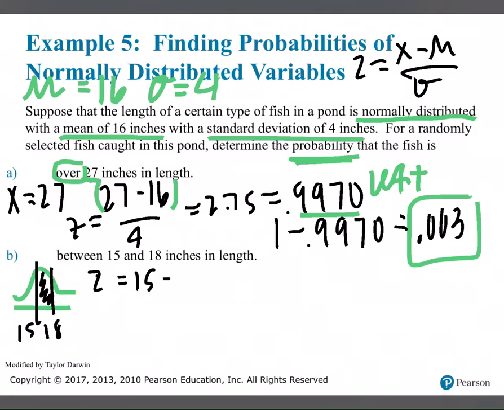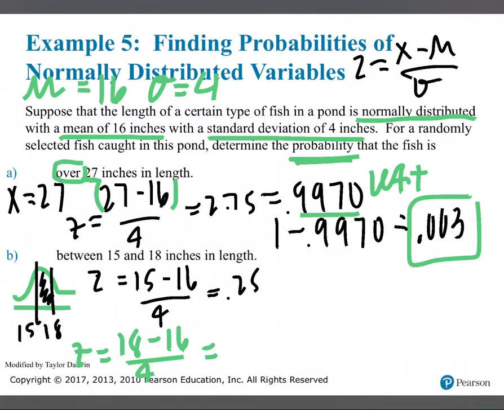So 15 minus, mu has not changed, it's still 16, over 4 is equal to negative 0.25. And then for my other one, 18 is my x value, minus 16 divided by 4 is 0.5. And I apologize, the previous one is actually negative 0.25.